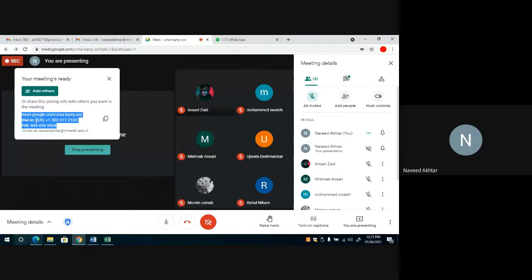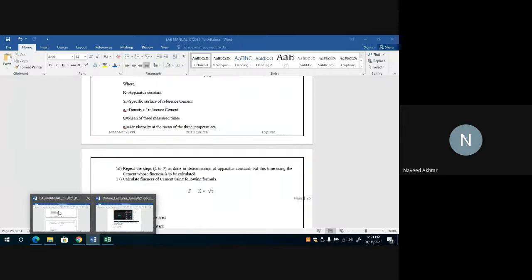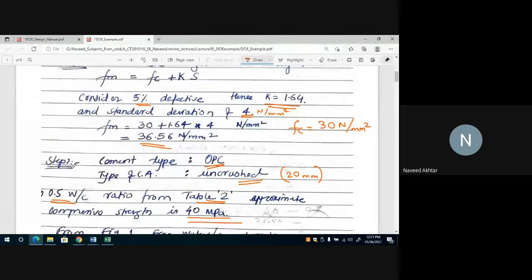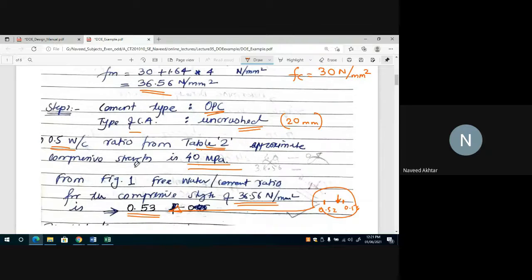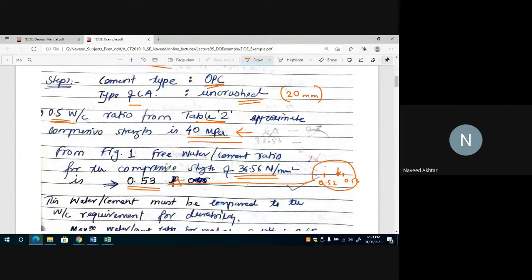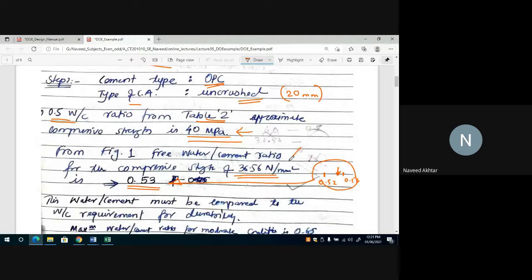Okay, now we will come to step number 3. So this is nothing but step number 2, where we will find out, based on the type of cement, based on the type of coarse aggregate, based on the water to cement ratio of 0.5, we have calculated first the approximate compressive strength from table number 2, and that is 40 MPa. Then our target mean strength is nothing but less than 40 MPa.